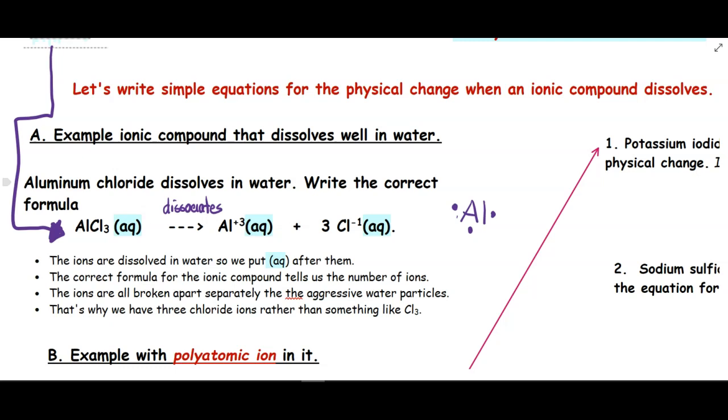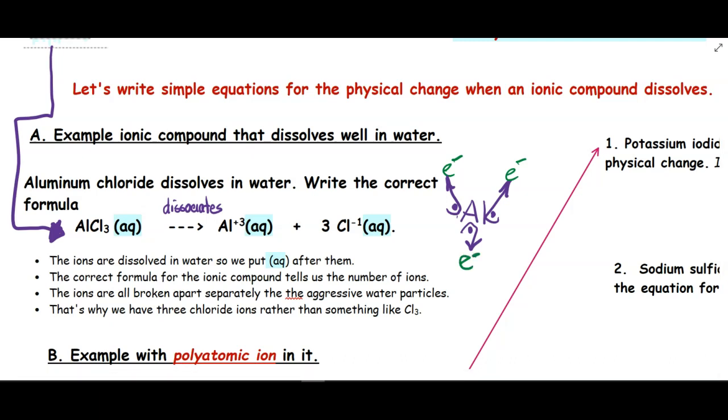All right, and it has 3 that it's going to lose. It wants to lose all of them. So there's an electron out here now, an electron out here and an electron out here.